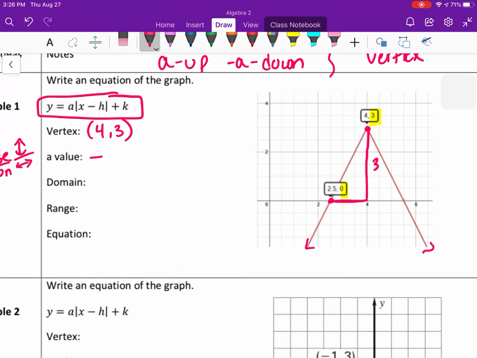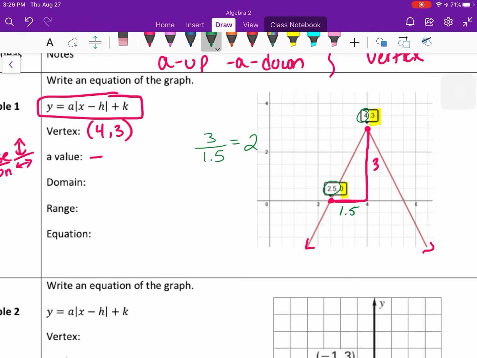And then my run value, I'm going from 4 to 2.5, so 4 minus 2.5 is a difference of 1.5. So then your slope of the line is going to be rise of 3 divided by run of 1.5, and 3 divided by 1.5 is 2.